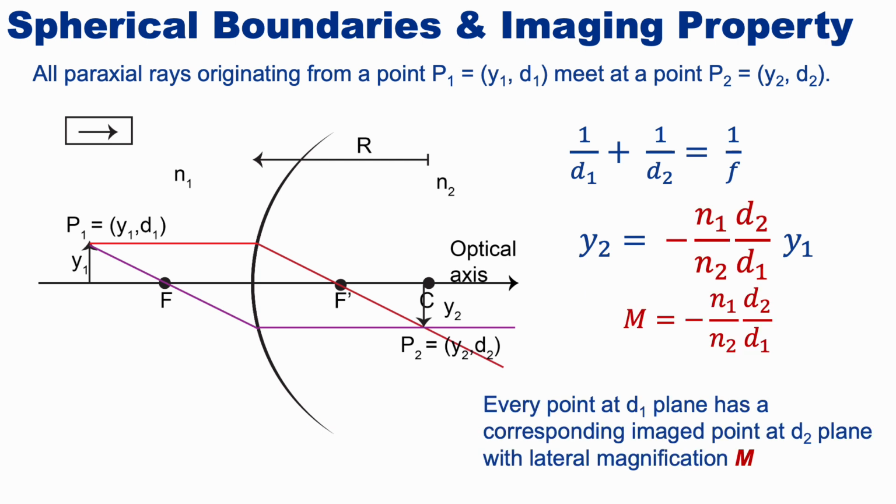If you take a look around the equation, you're going to see that in front of the height, we know that the height of the image is proportional to the height of the object, and that proportion is what we're going to call the lateral magnification.